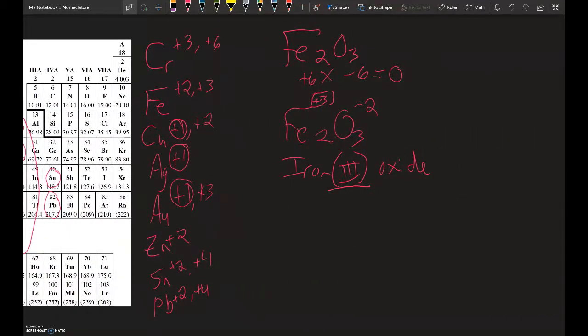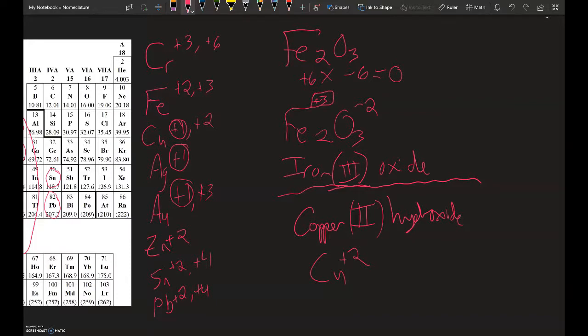So let's say we have copper(II) hydroxide as another example. Here I want to write the formula from its name. Copper(II) tells me that I have copper +2. And we just learned earlier that hydroxide is OH with a -1 charge.